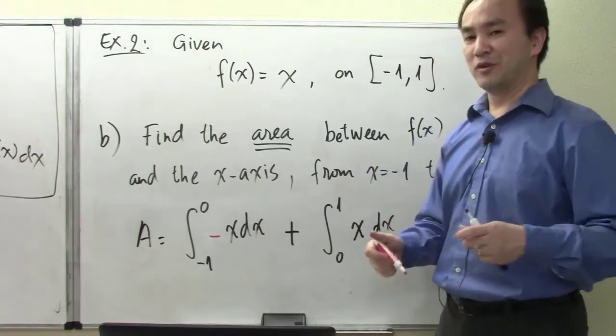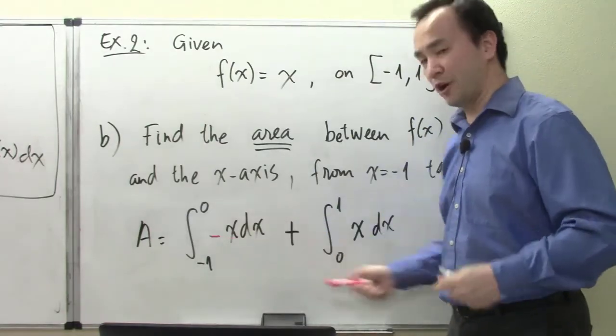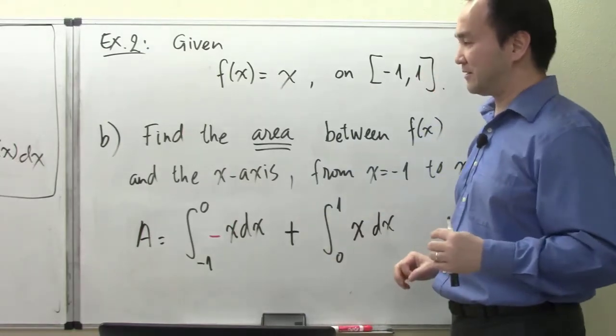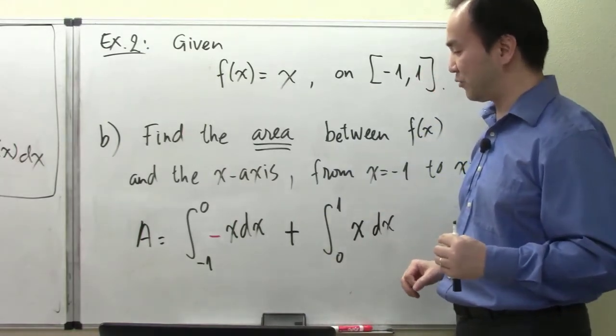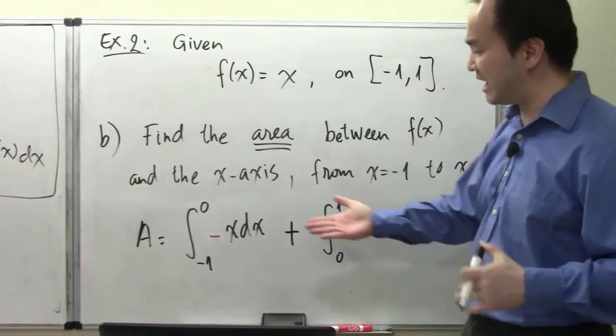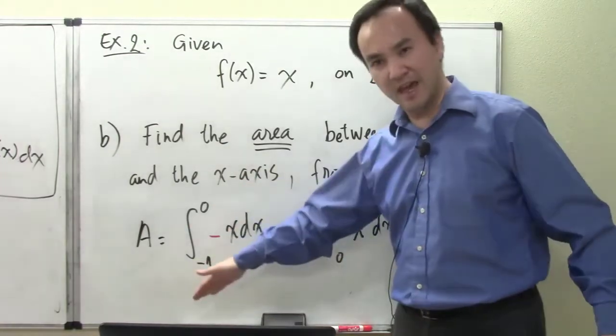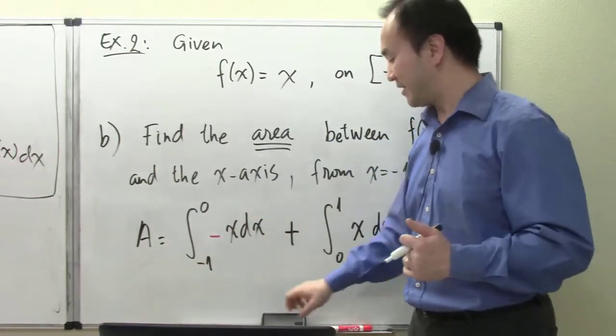Then it turns into a positive result, and summing it all up gives the total area. Once we have that point, we are ready for the actual work. In the end, we're always going to have two separate answers being added together.